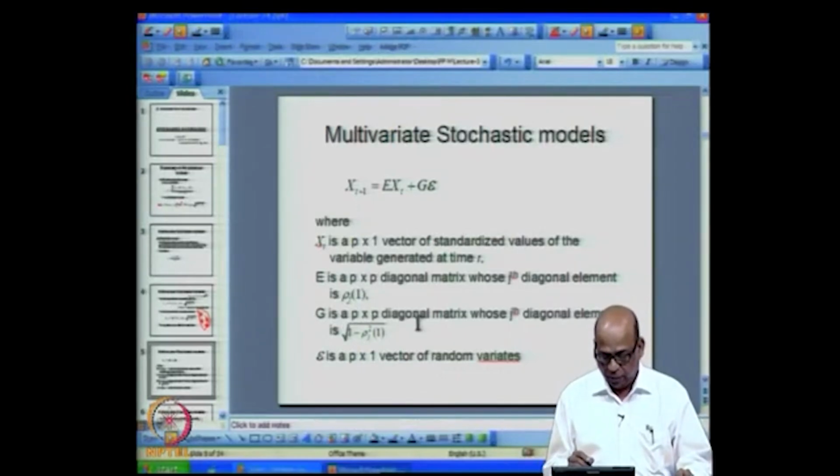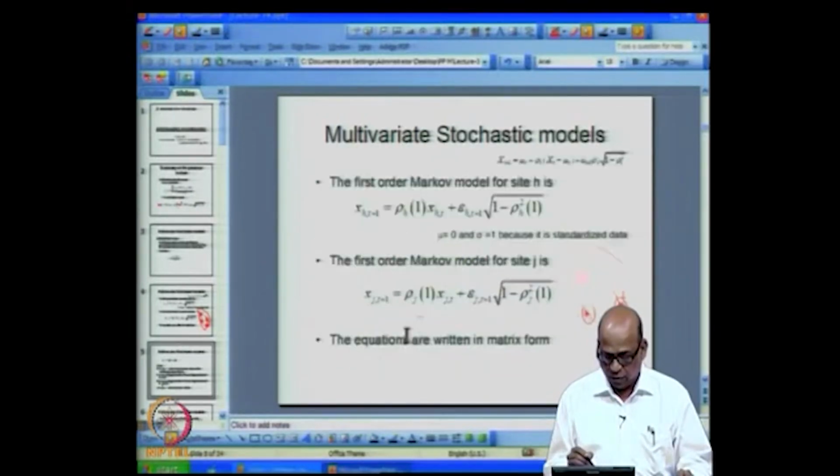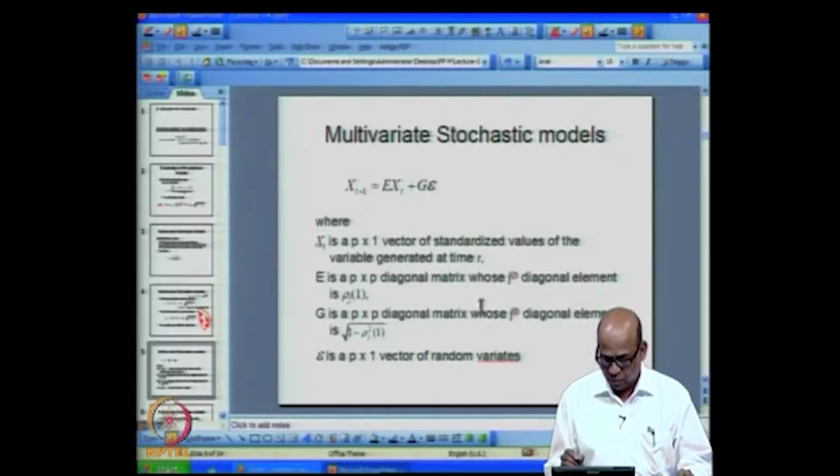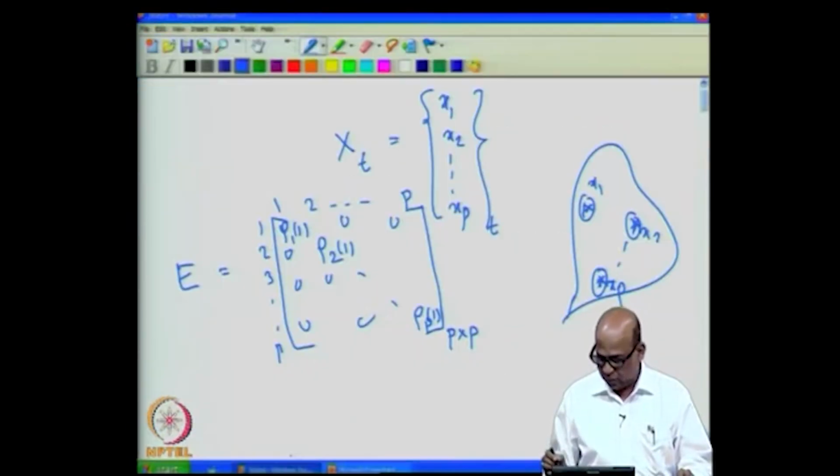Now, G is a p by p diagonal matrix whose jth diagonal element is root of 1 minus rho j square. Look at these, these are the terms that we are trying to reproduce here. This is root of 1 minus rho h square 1. So, that is what we will reproduce through the matrix G. So, how does G look now? G will appear like this.